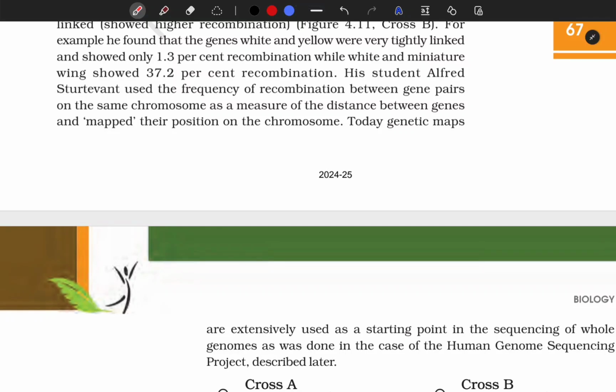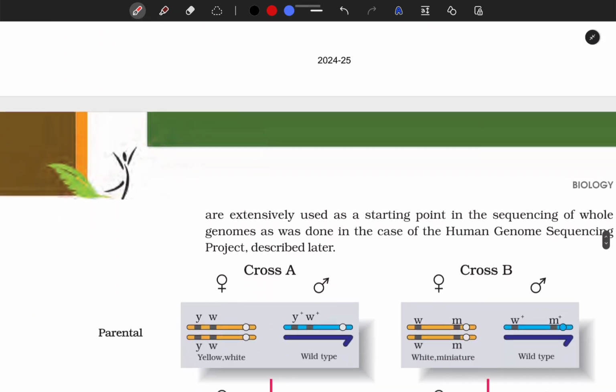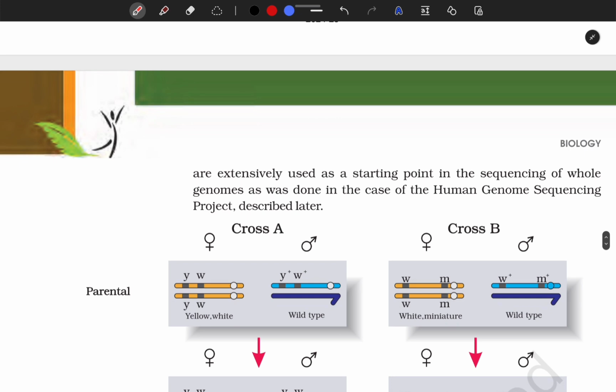His student Alfred Sturtevant used the frequency of recombination between gene pairs on the same chromosome as a measure of the distance between genes and mapped their position on the chromosome. Today, genetic maps are extensively used as a starting point in the sequencing of a whole genome, as was done in the case of the human genome sequencing project described later.